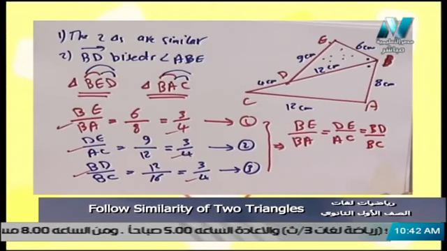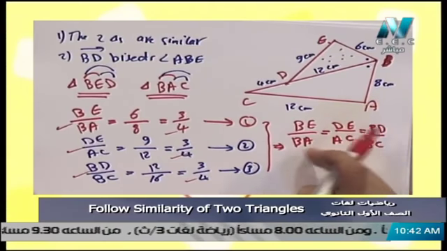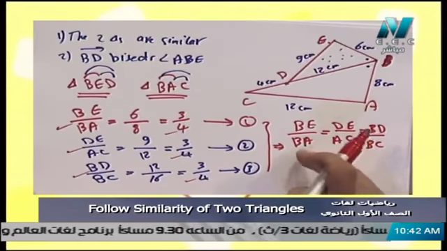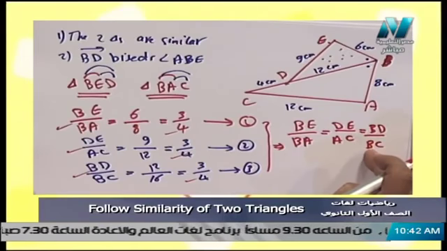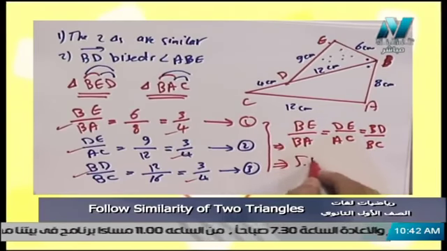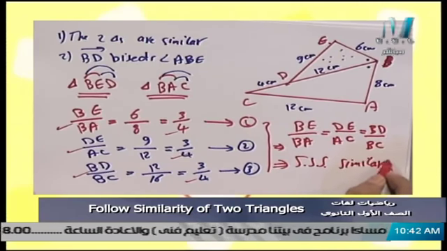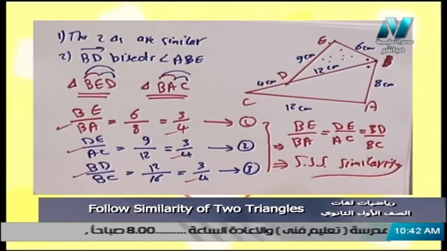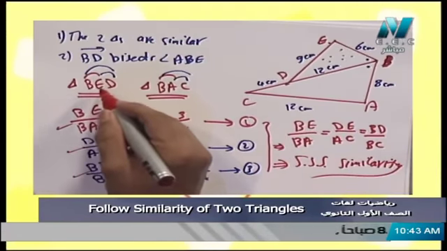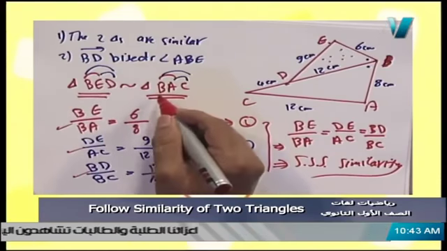Each two corresponding sides are proportional, so by the SSS similarity case, we have proved that triangle BED is similar to the other triangle, which is BAC.